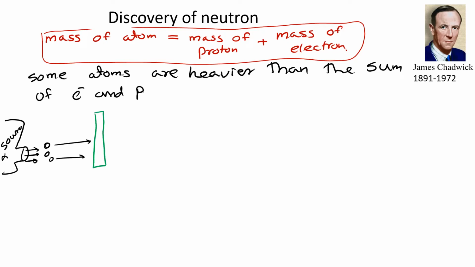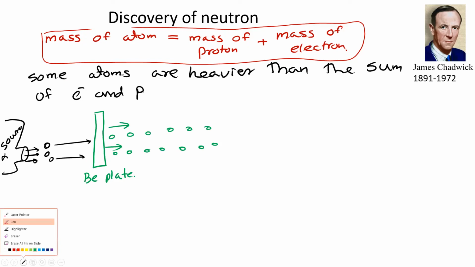Now in Rutherford's experiment, he placed a gold foil, but this person placed a beryllium sheet or plate. When the alpha particles hit the beryllium plate, he noticed that another type of particle was emitted from it.